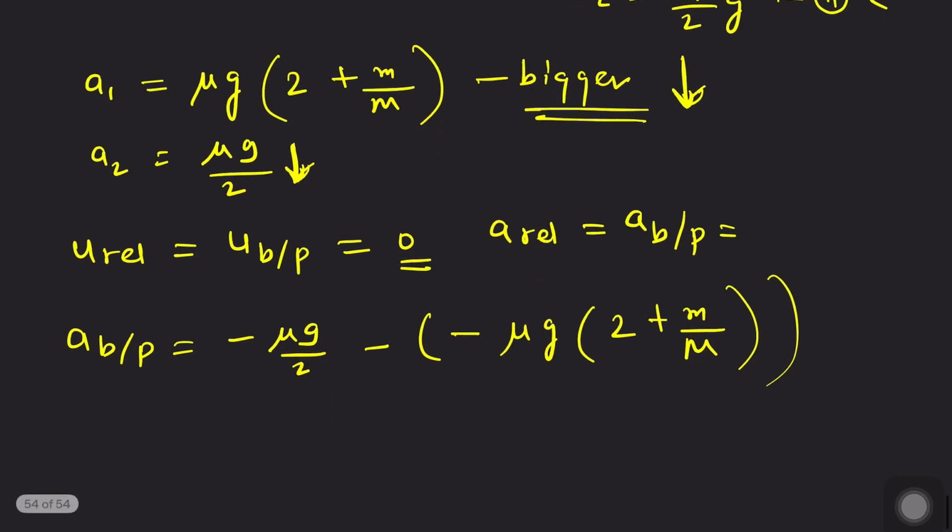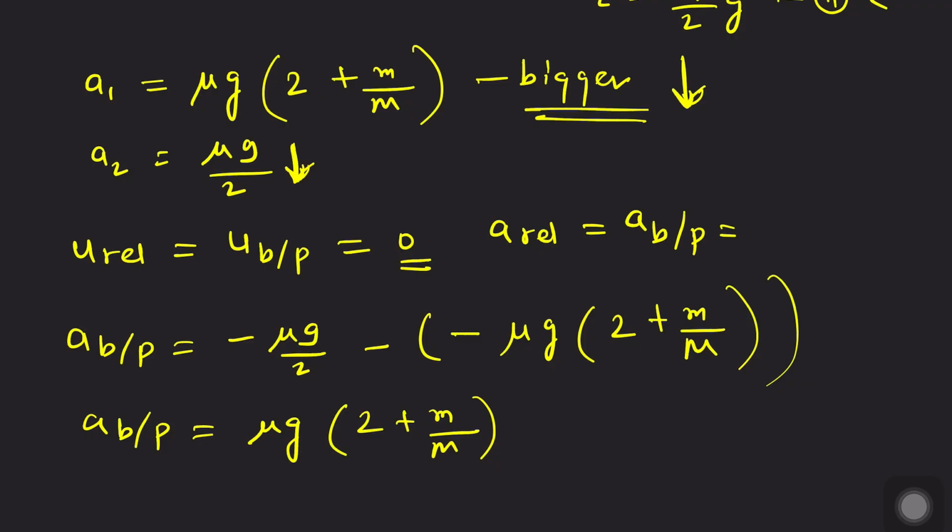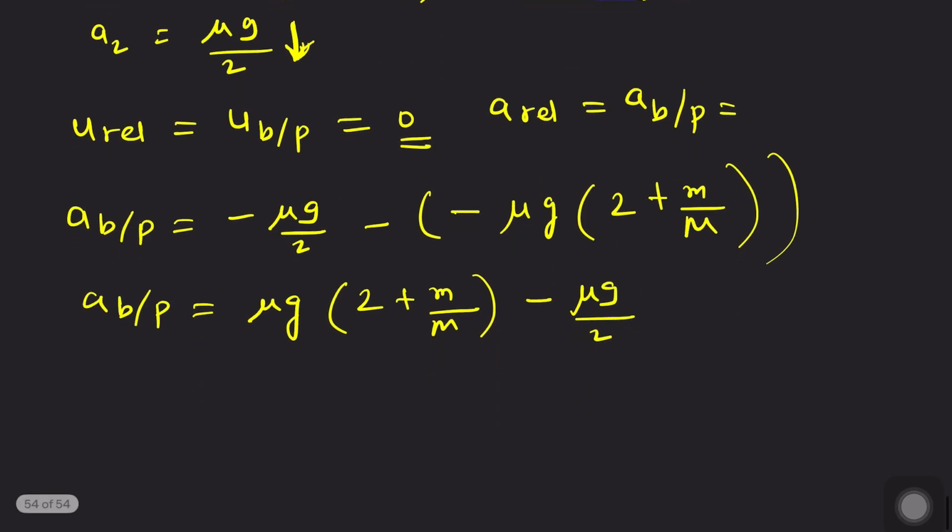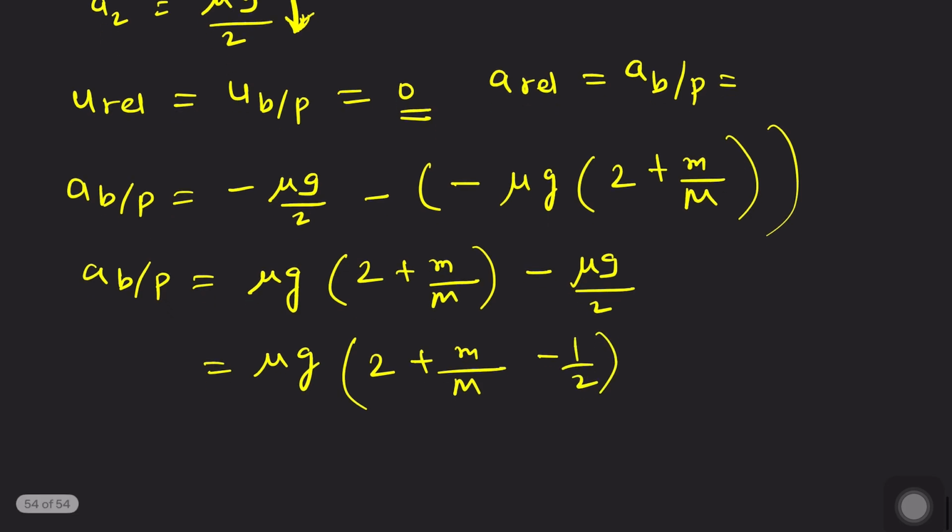So a of block with respect to plank is mu g into 2 plus m by capital M, minus mu g by 2. Let me simplify this a little more. This will become 2 plus small m by capital M minus half.